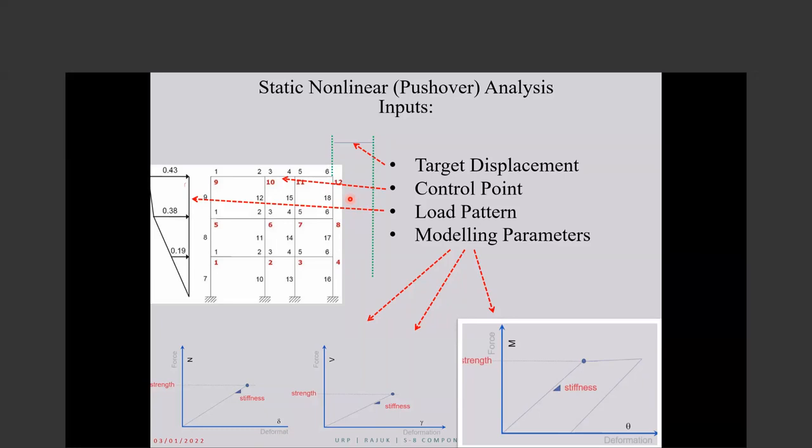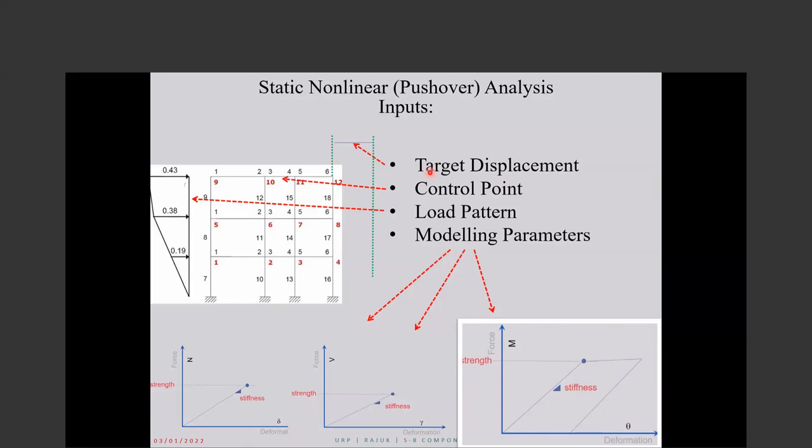So now they can do, for example, step-by-step nonlinear analysis. What they ask from us to do their job is, one, the target displacement. What is target displacement? They need us to make an estimation of the maximum displacement of this building in the earthquake. As I mentioned, one of the most fundamental questions in earthquake engineering: if we have a building and the level of earthquake, what is the estimation of maximum displacement of the building?